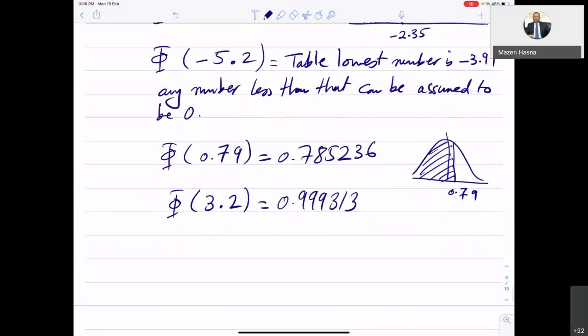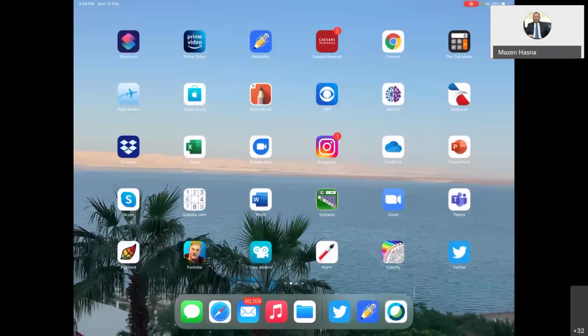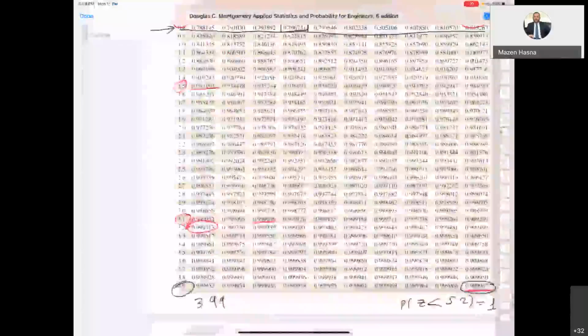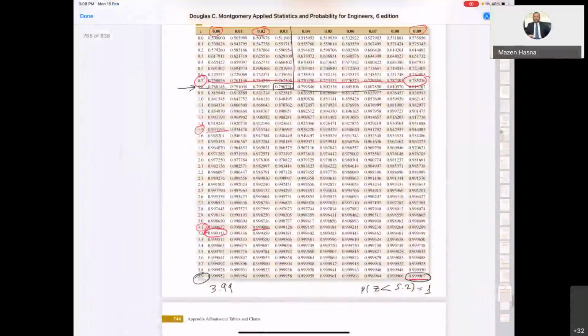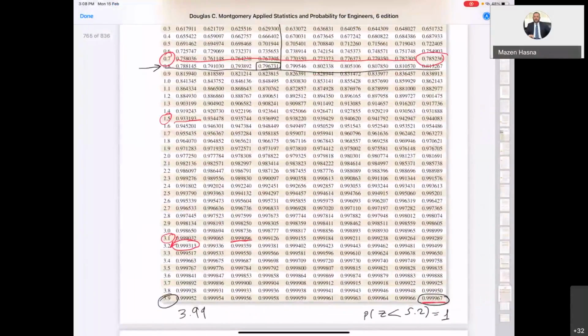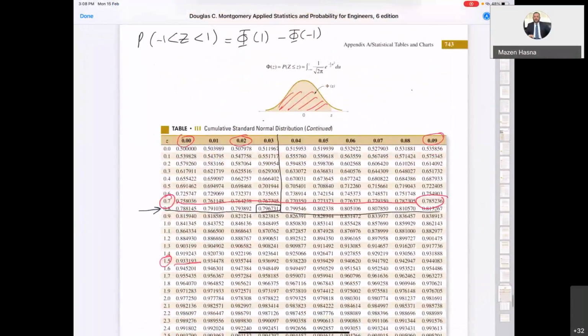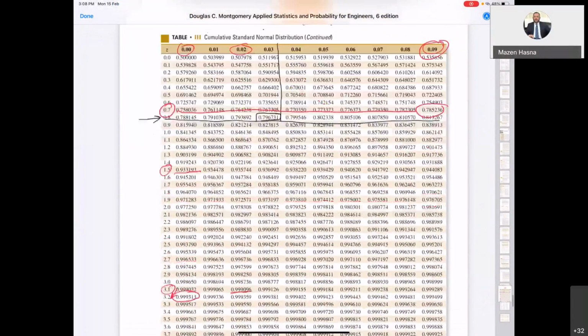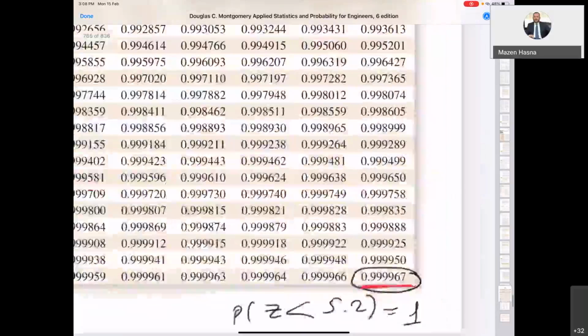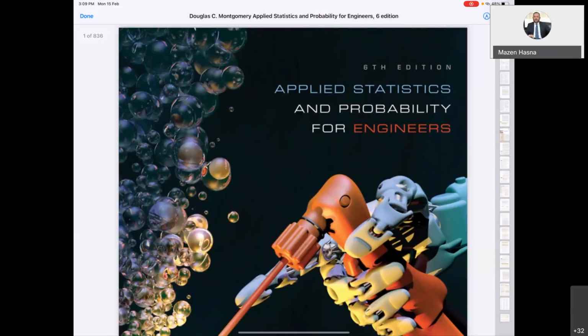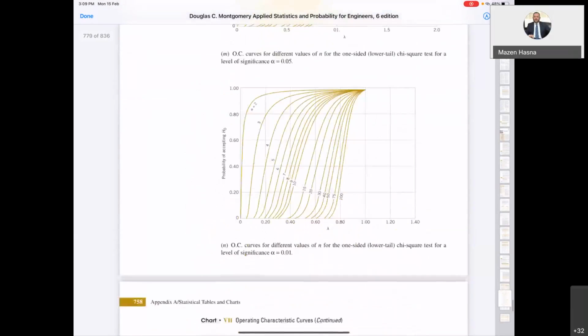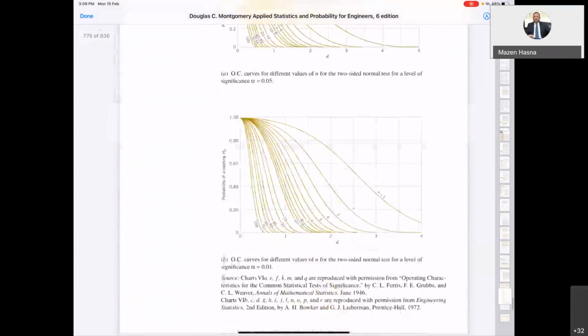And again, what's the largest number in the table? What do you expect? 3.99. What's the probability at 3.99? Largest number.